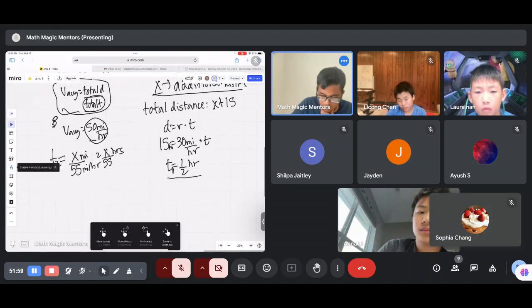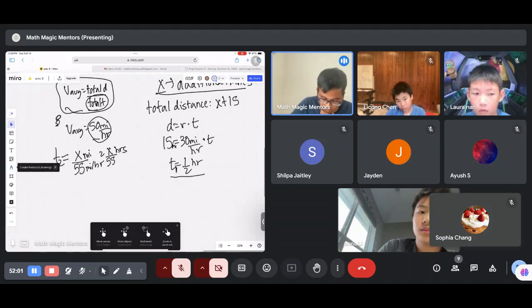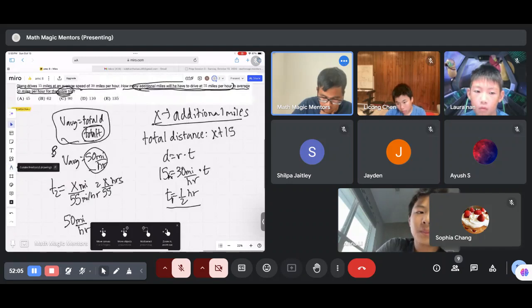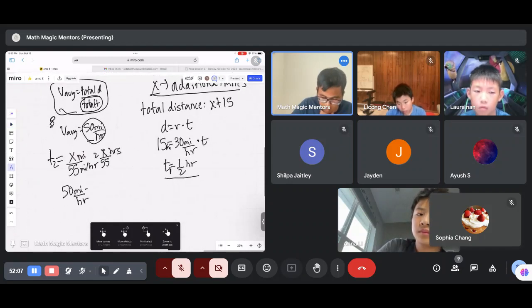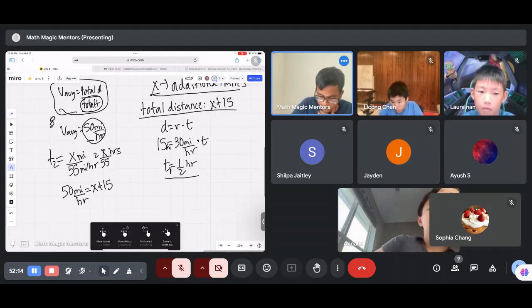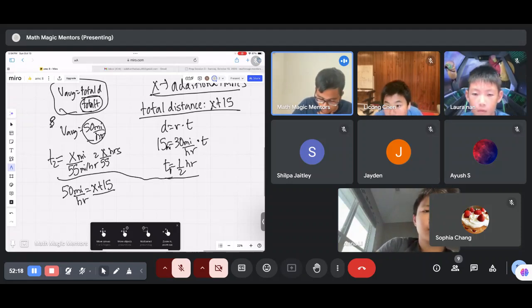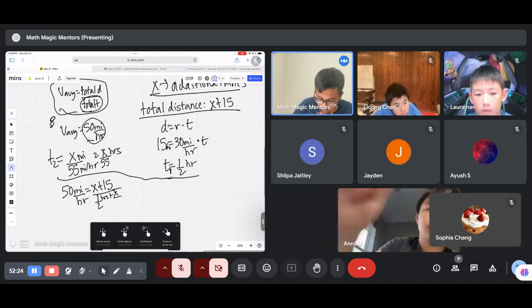As we want to find the additional miles, v average is 50 miles per hour, as the problem gives us, right? So it's 50 miles per hour for the entire trip, and the total distance is gonna be x plus 15, as we said here, and the total time is gonna be T1 plus T2, which is one half hour plus x over 55 hours.